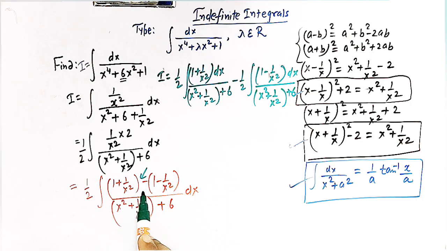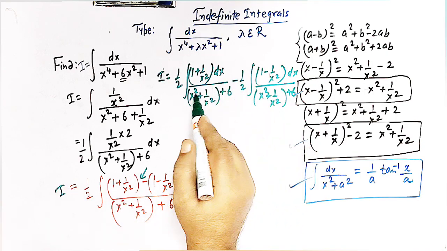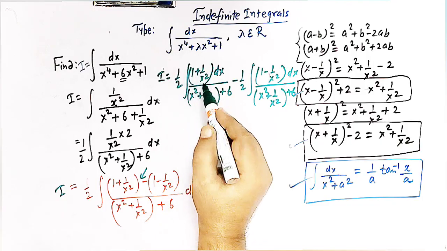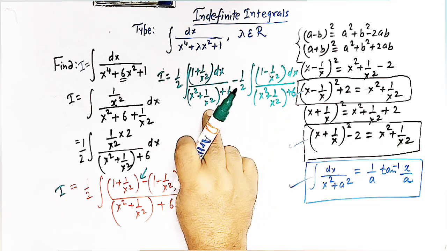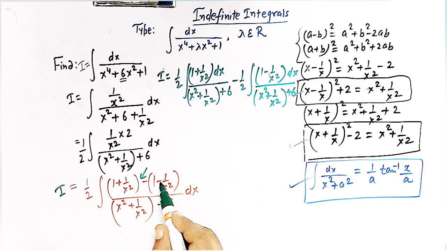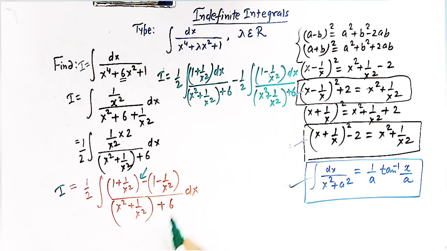So what we have done here is express this integral I as a difference of two integrals, right? The first one is half, then 1 plus 1 over x square dx in the numerator with the denominator, then we have half and 1 minus 1 over x square dx with the denominator, right?